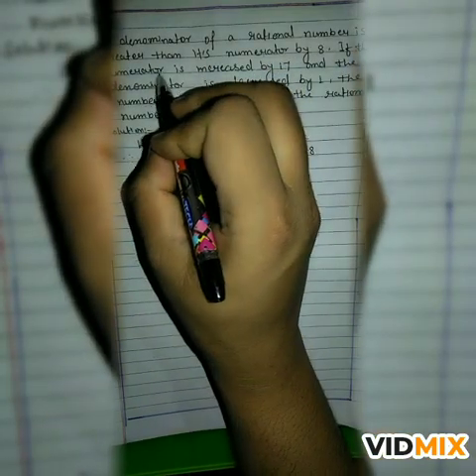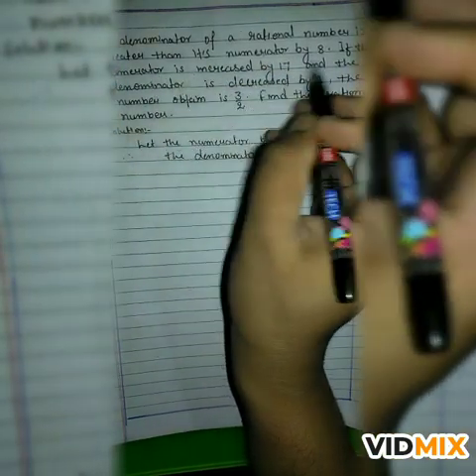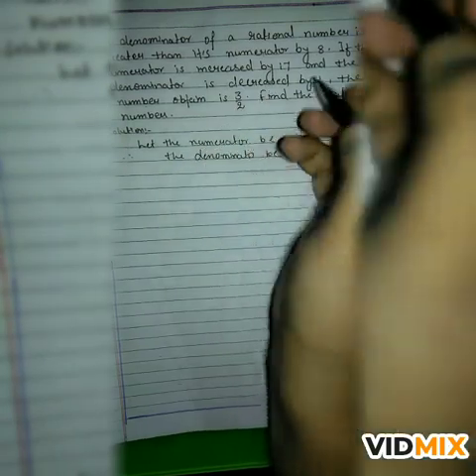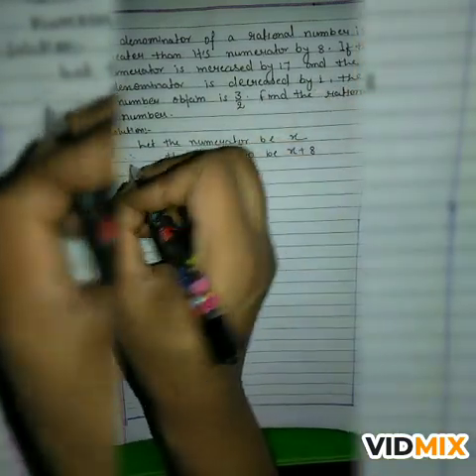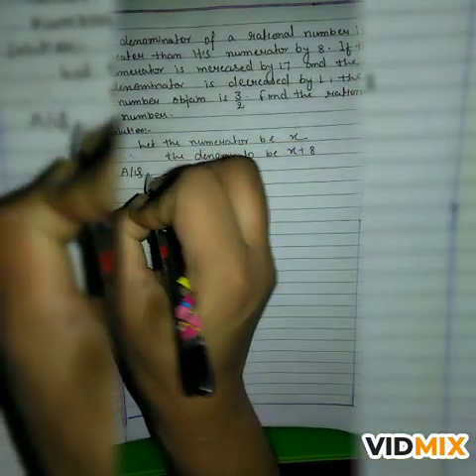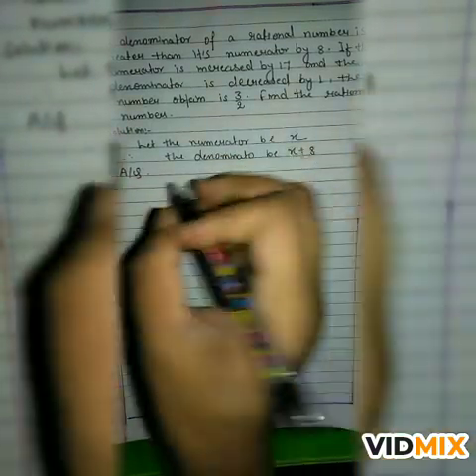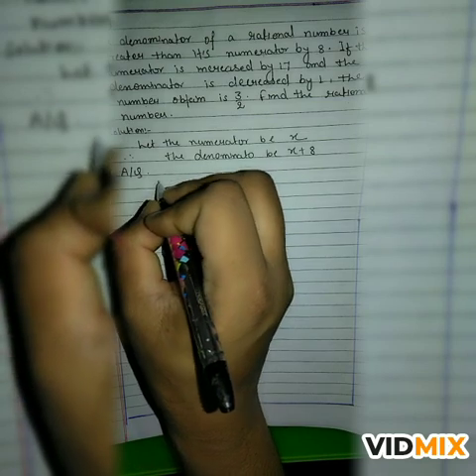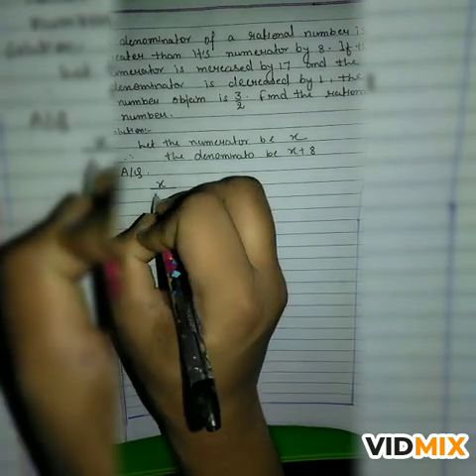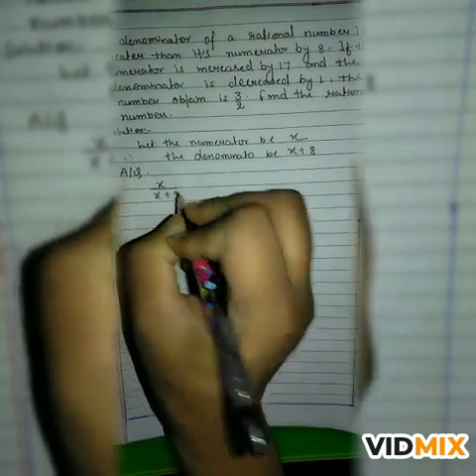If the numerator is increased by 17 and the denominator is decreased by 1, the condition is given here, so we will write according to the question. First write both the numerator and denominator in the form of a rational number. So we can write x by x plus 8.